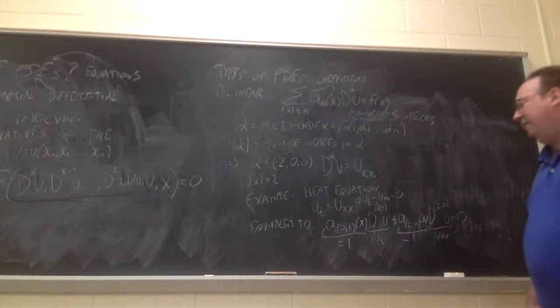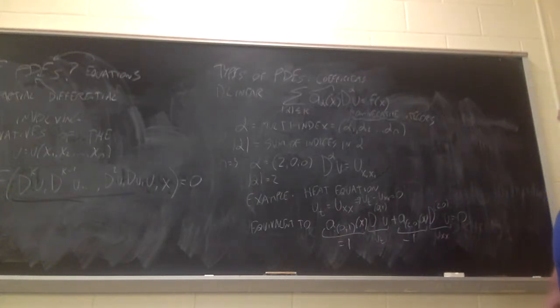But I could not make it depend on u. All right, I know I've thrown a lot of notation at y'all, so this is a good time to ask any questions. Make sure you have this notation straight.